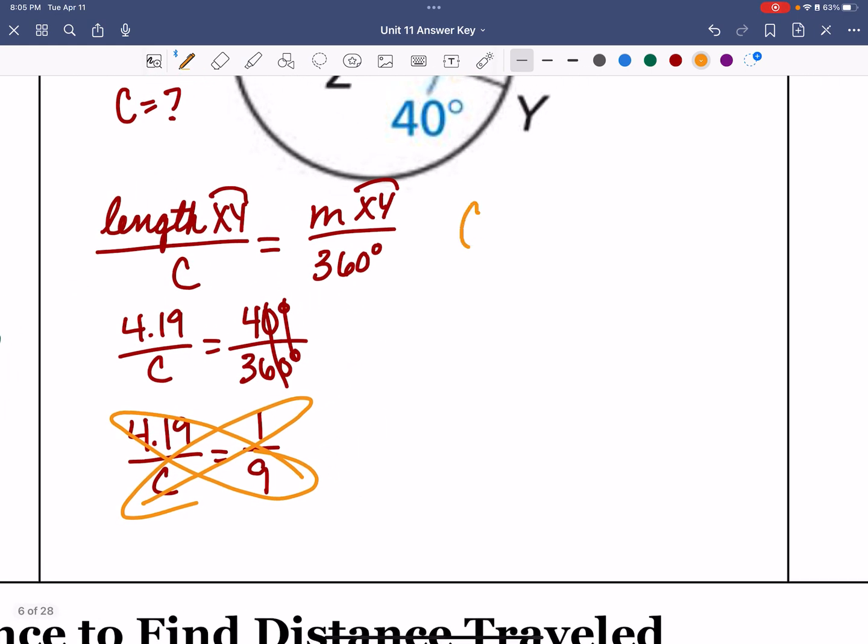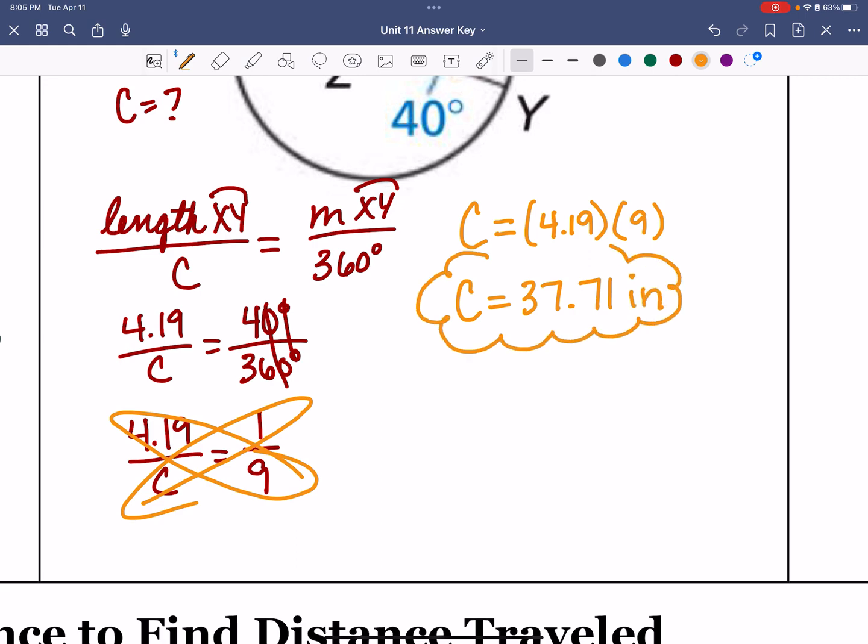C times 1 gives me c, and I'm going to set that equal to 4.19 times 9, and that should give me c to equal 37.71 inches.